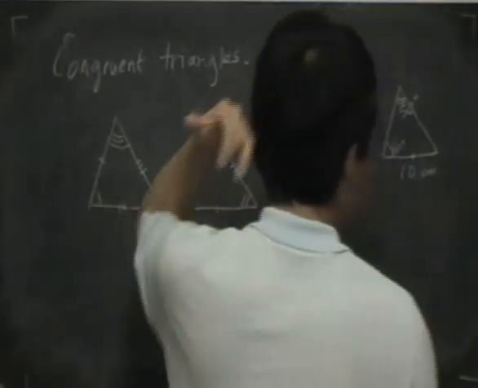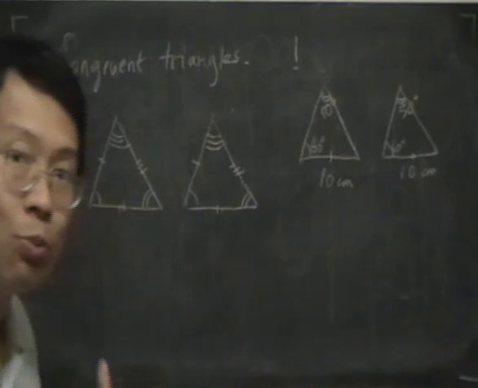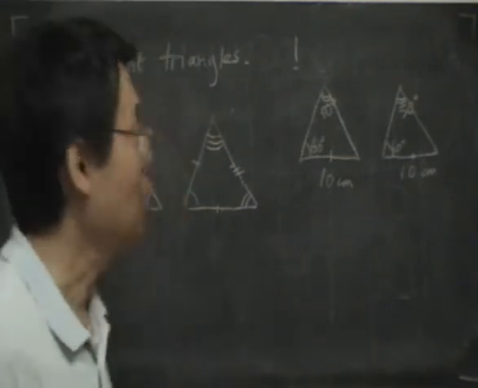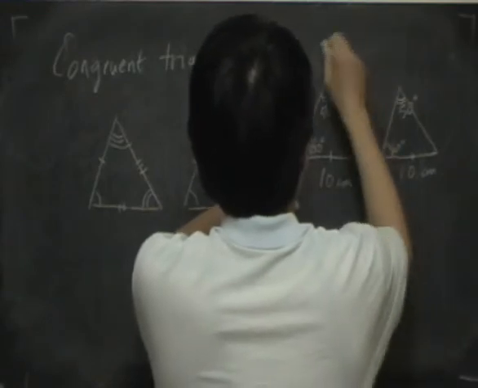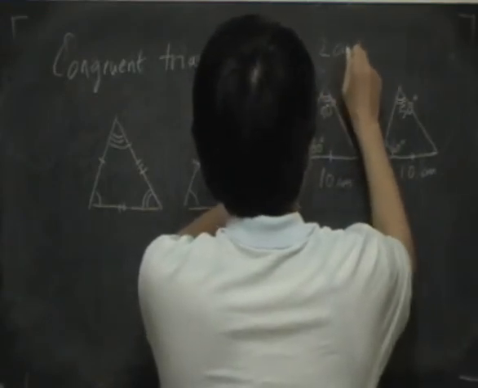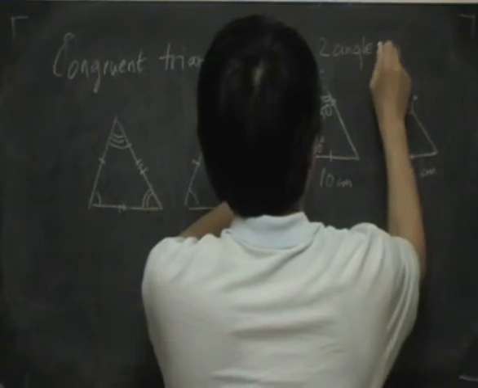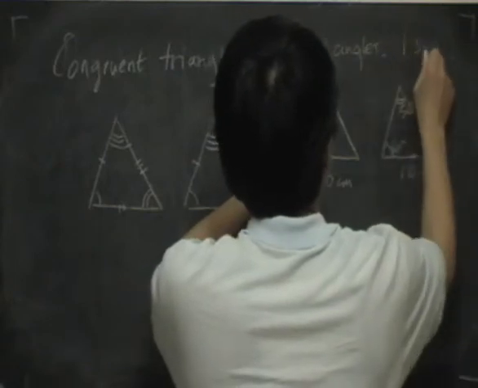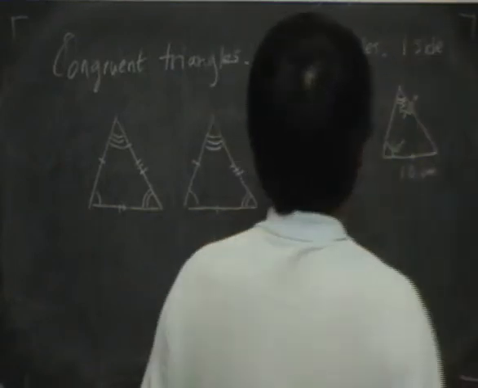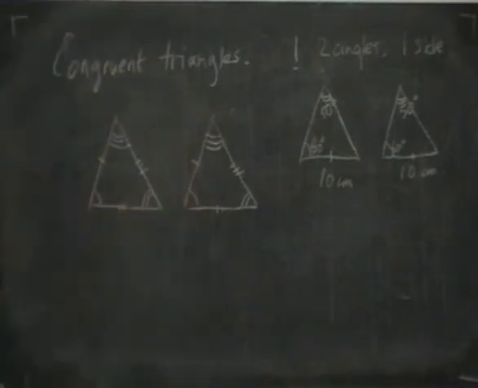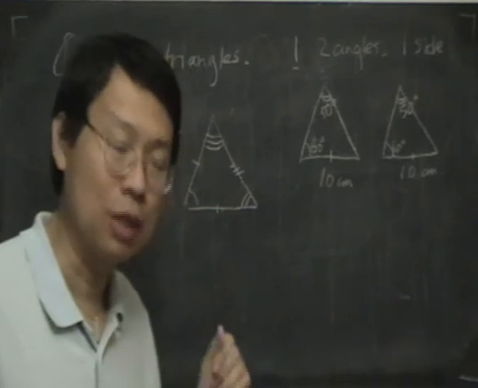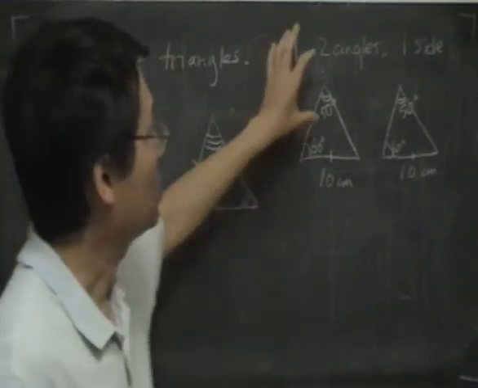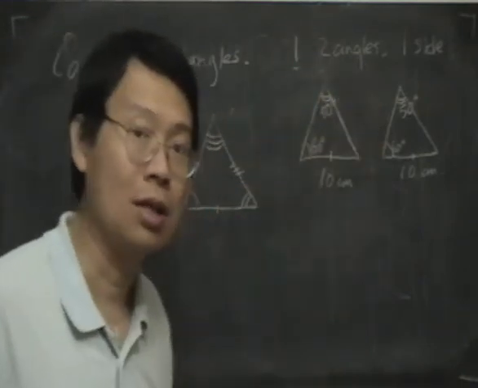So we can briefly describe this condition by saying, very simply, 2 angles, 1 side. Alright, so that is the information we need to say whether 2 triangles are congruent.